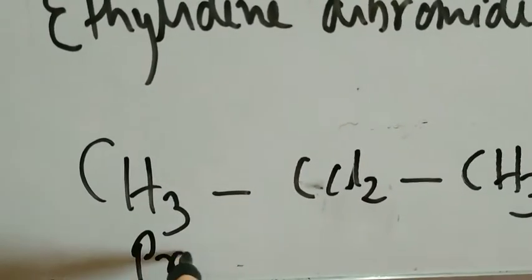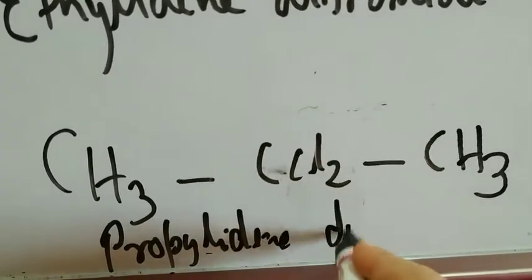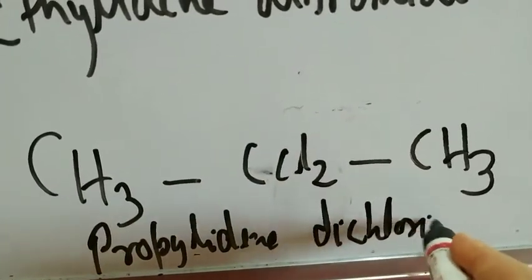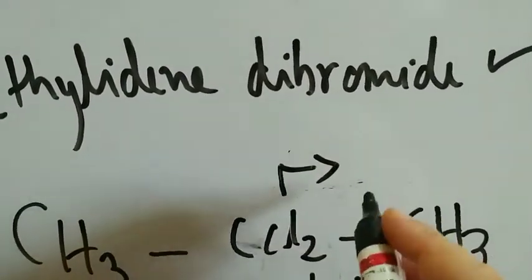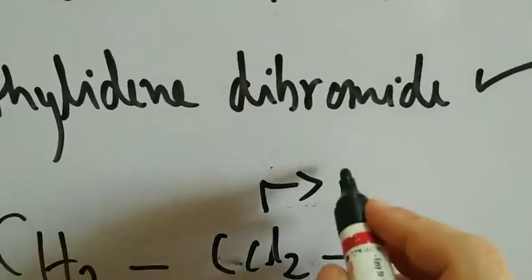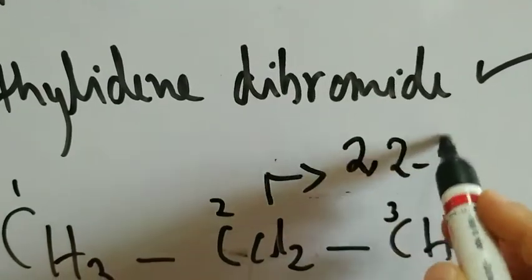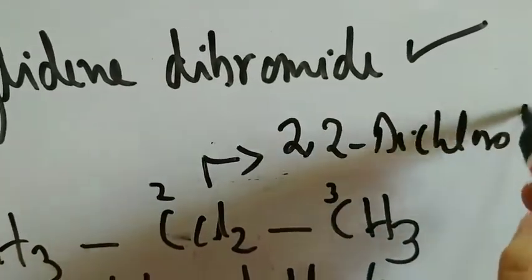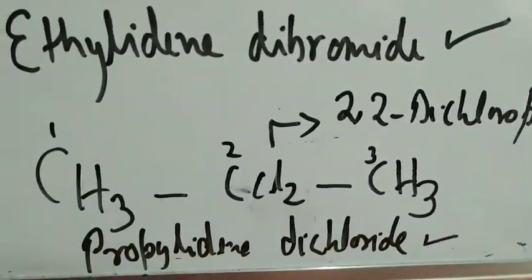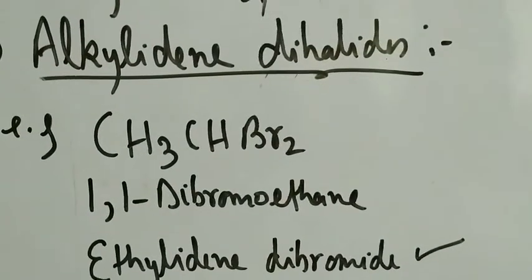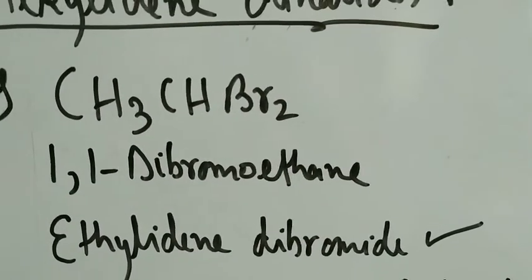Its name will be propylidene dichloride. My board is very small. I'm really sorry for that. And in IUPAC system, what will be its name? IUPAC is very simple. This is 1, this is 2, this is 3. 2,2-dichloropropane. But you will have to pay attention to this: these are alkylidene dihalides if your two halogen atoms are present on the same carbon atom. We'll continue in the next presentation.